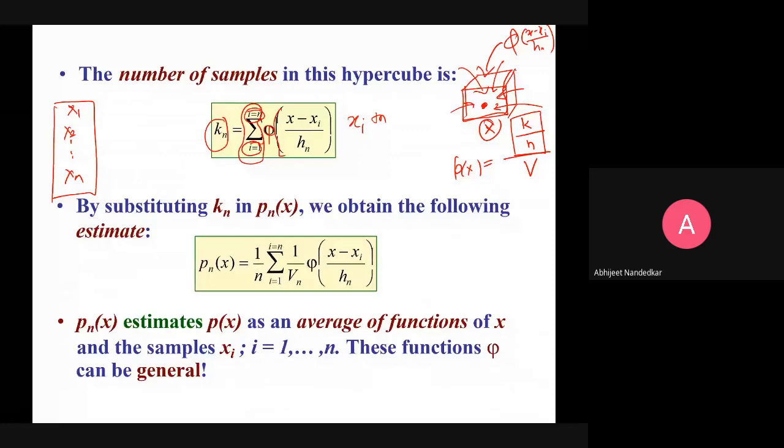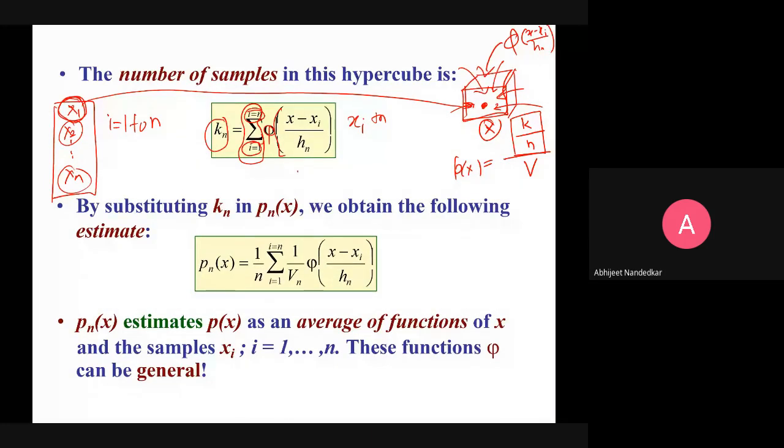So I'm going to take these samples one by one, from i equal to 1 to n. Suppose I take this x1, I go to this box and check using the psi function whether it is inside or not. If it is inside, then this function will return me 1.